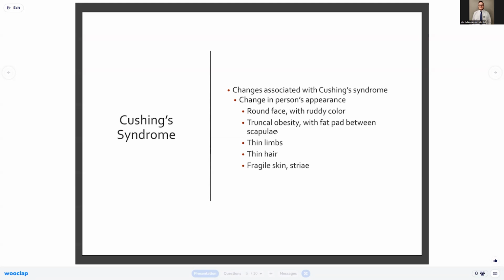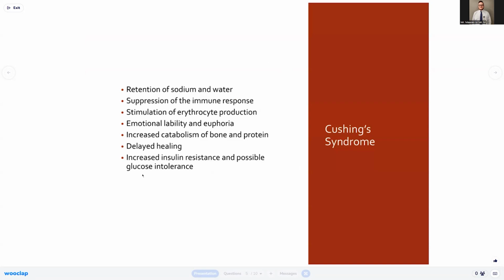Again, fat tends to redistribute, causing a rounding face with discoloration of the skin, fat around the abdomen and around the posterior flanks, thin hair, thin skin, stretch marks.